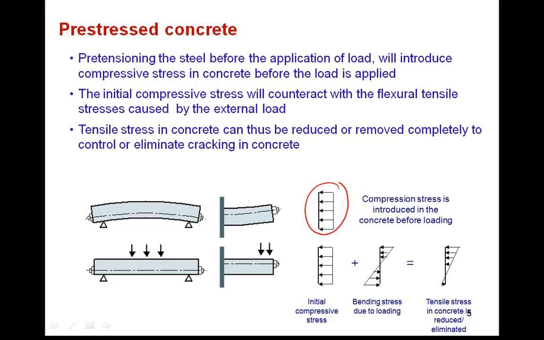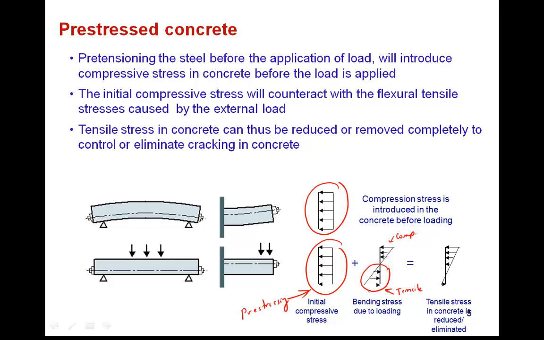Now, in the pre-stressed concrete structure, as I already said, uniform compressive stress is applied on both sides of the concrete beam, and these compressive stresses will counteract the tensile stresses. As you can see here, the external load is causing the tensile stresses at the bottom, and this is the compressive stress caused by the pre-stressing.